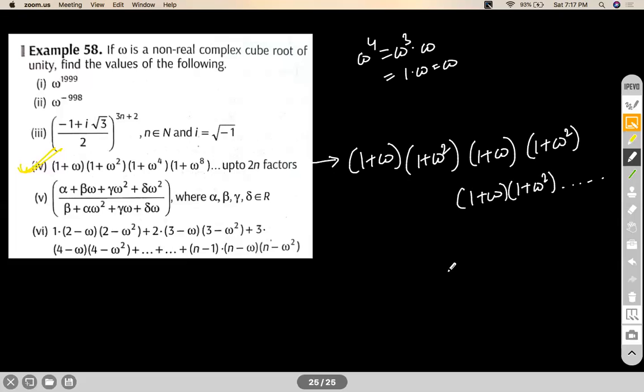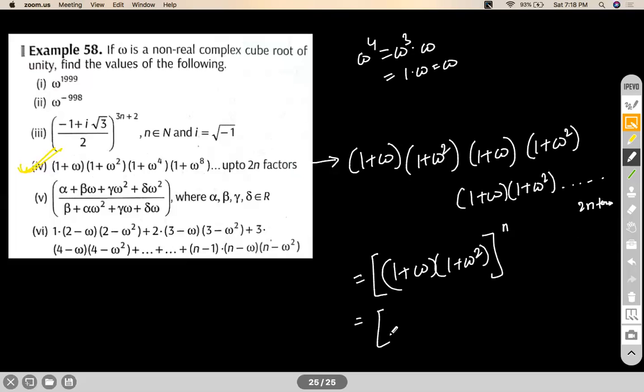Since it is continuing till 2n terms, can I say for sure that it will result in these two terms repeated n times? So can I say this to the power of n? Now, we will use the property that 1 plus omega square is 0.